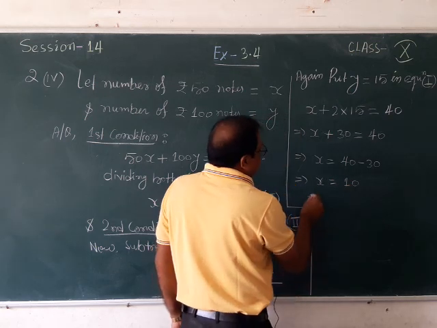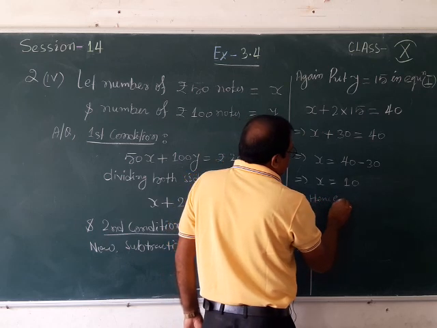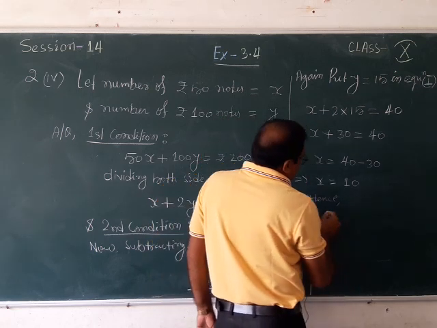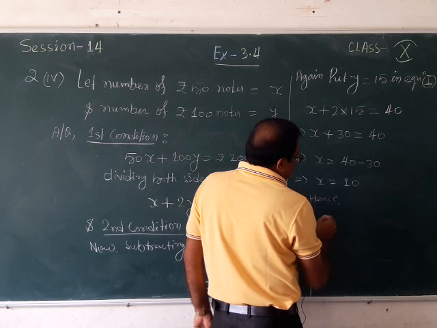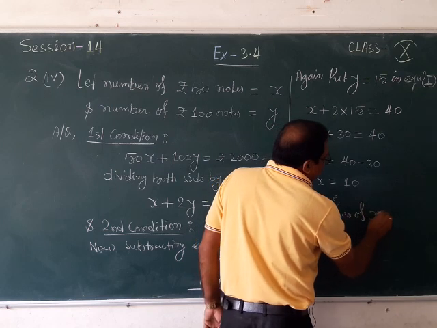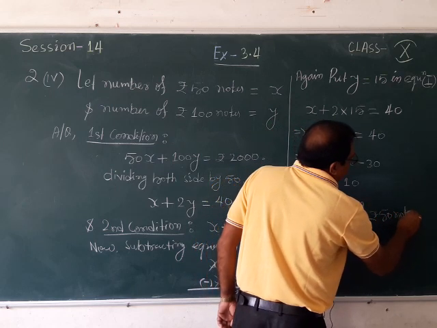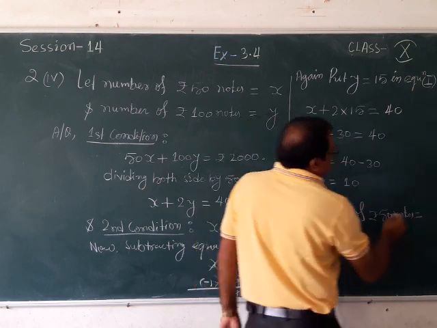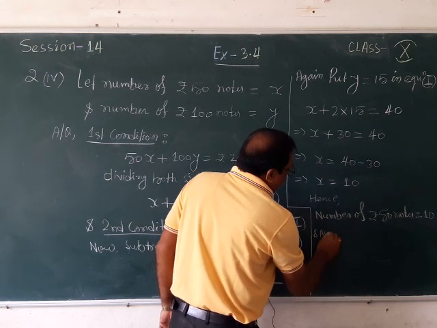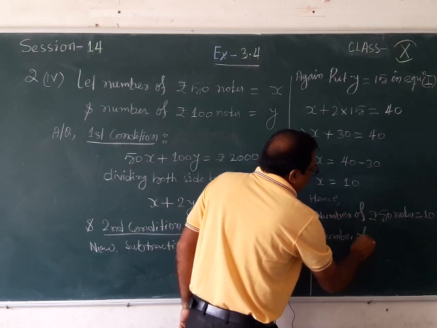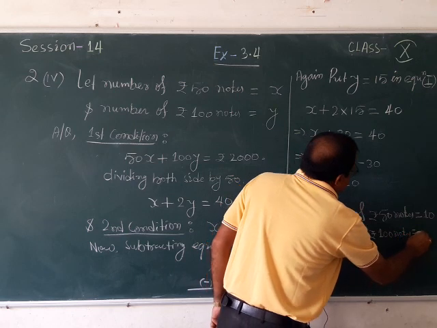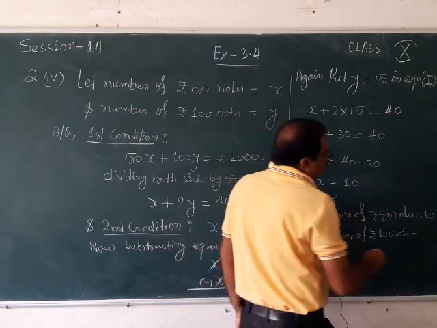Hence it is clear that we can write our answer. Hence the number of rupees 50 notes is equal to x, that is 10, and the number of rupees 100 notes is equal to y, that we have as 15.